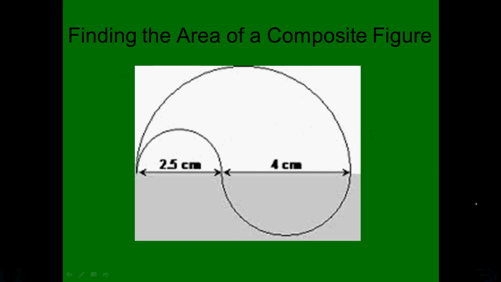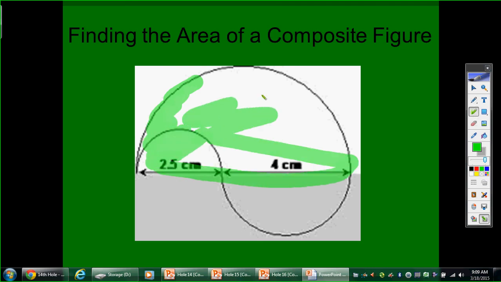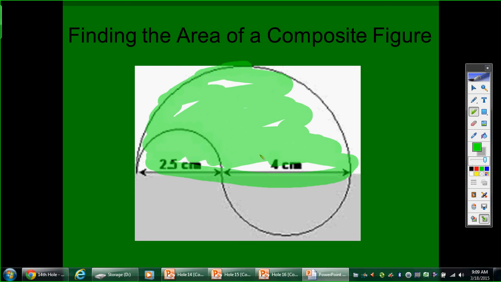This is the last example we're going to look at, and you have 3 half circles that we're dealing with. The first half circle that I'm going to look at is going to be this entire half circle right here, up here. And the area of this entire half circle would be pi times my radius.